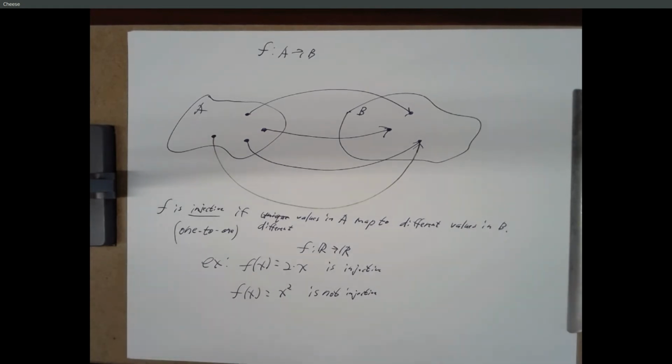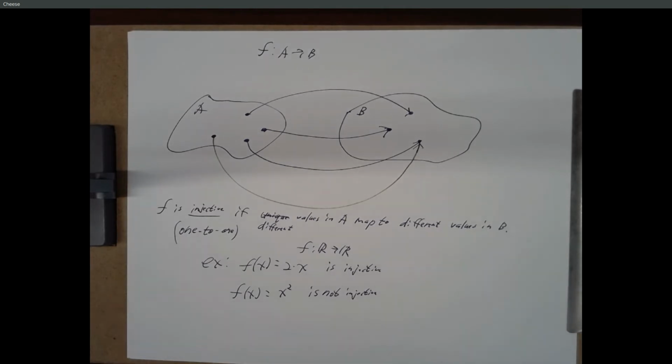Is non-injective also like onto? You say one-to-one? No, so onto is the second thing we're going to talk about. Oh, okay. So injective or not injective, or one-to-one or not one-to-one. f of x equals sine of x, that's another non-injective function. Because 0, 2 pi, 4 pi, negative 6 pi, all of those, the sine function takes you to 0. So you have lots of arrows coming to the same point.